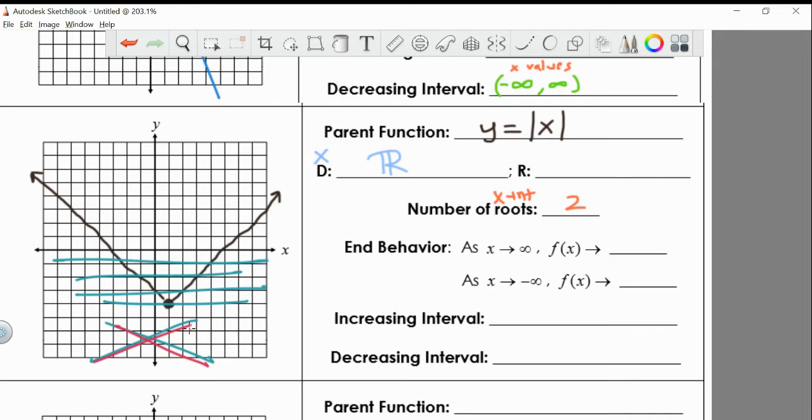Our range is not all real numbers, because it does not include all real numbers. The number -5 is not included in the range. The number -6 is not included. And so, we need to write something that is not all real numbers for our range.